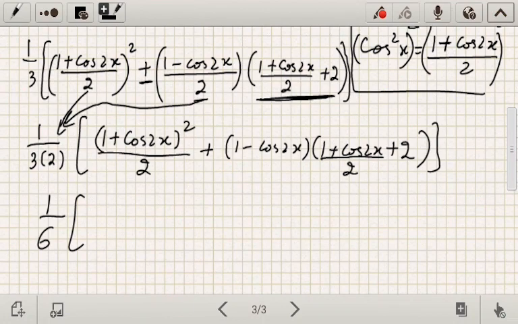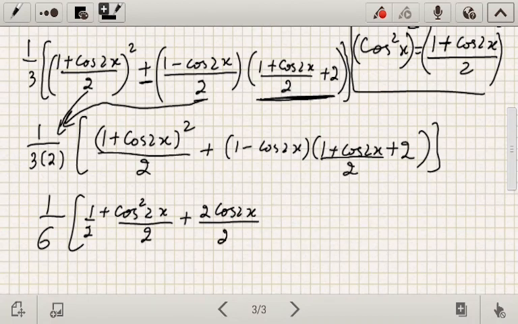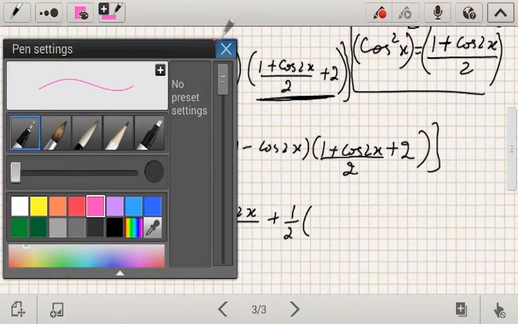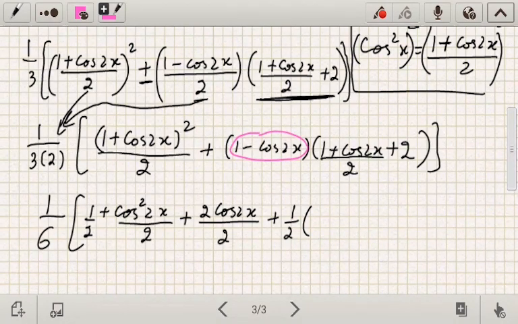So then we write down 1 plus cos square 2x. So I'm going to distribute the 2 to all the terms, plus 2 cos 2x divided by 2. I've expanded the square, and now I'm going to write down another term as 1 over 2 into all of this multiplied by all of this.